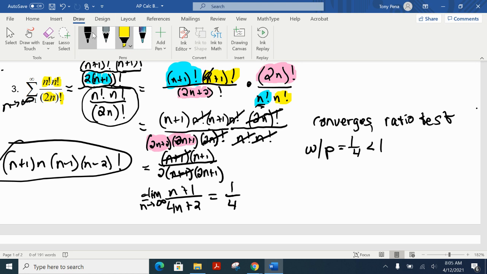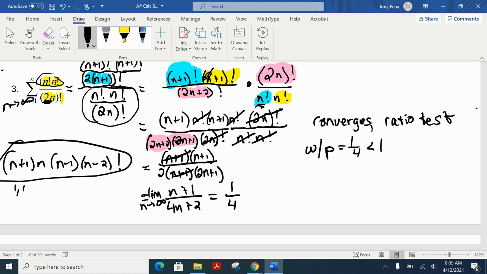However, the way we can determine which factorials are going to grow the fastest are not actually exponents, it's actually the coefficients. So the fact that this has a 2n factorial, this grows faster than a regular n factorial, even if they are multiplied together. Think about why that would be.